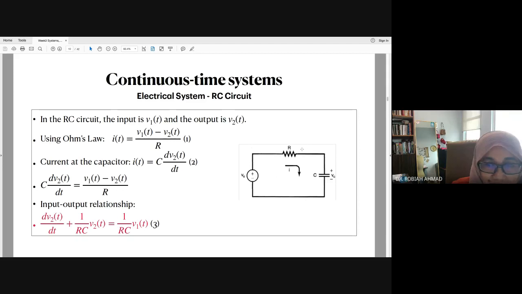Then if we equate them, because current equals current, we have this equation.